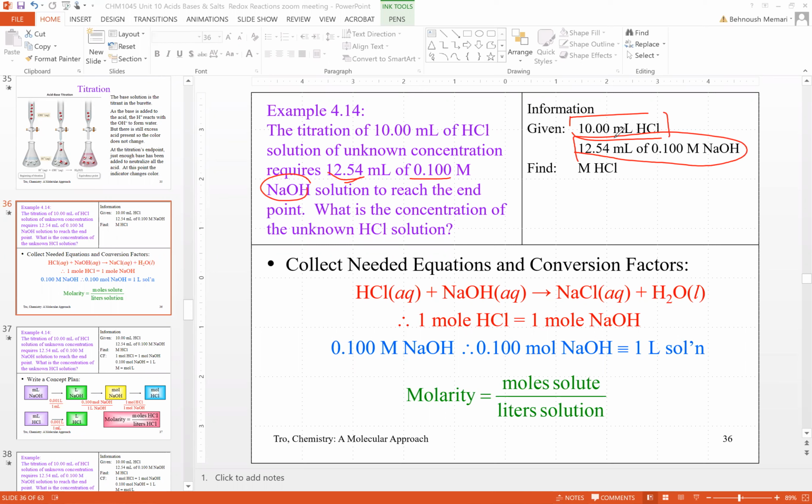We do have the volume for HCl, but we need its concentration. First step, start with the balanced equation, because it tells us at the equivalence point how many moles of the base are needed to neutralize a mole of the acid.